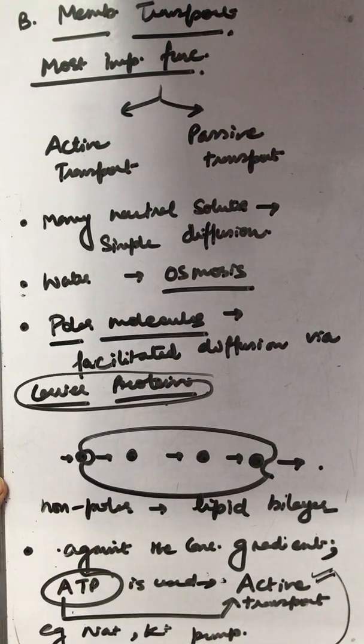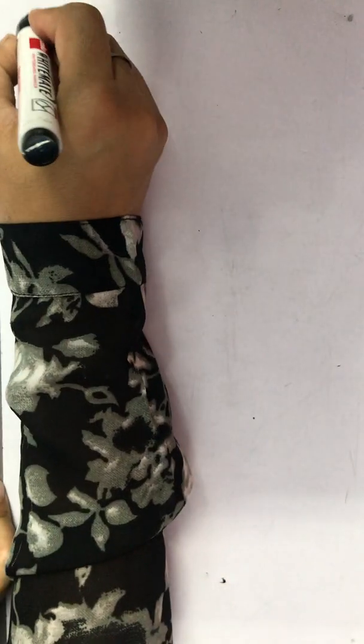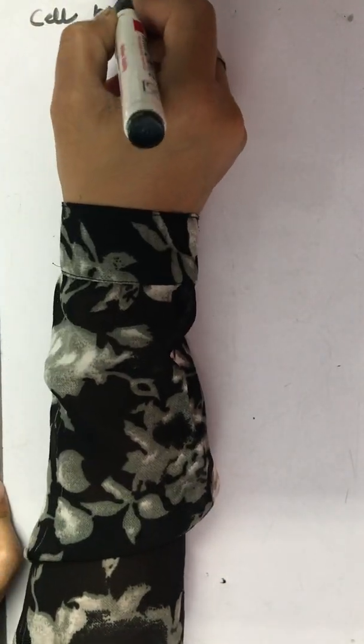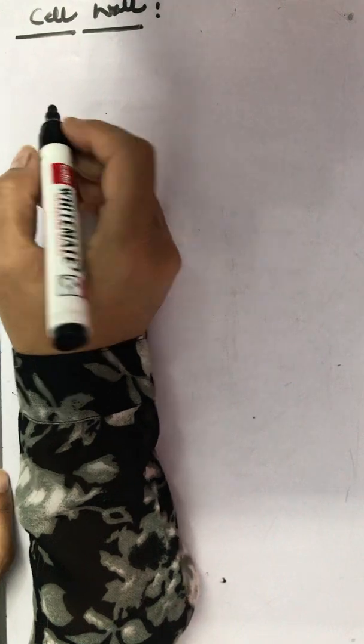Clear? Now, what is cell wall? Where is it present? Obviously, additional to the membrane, there is a rigid structure present that provides structural strength, known as cell wall.